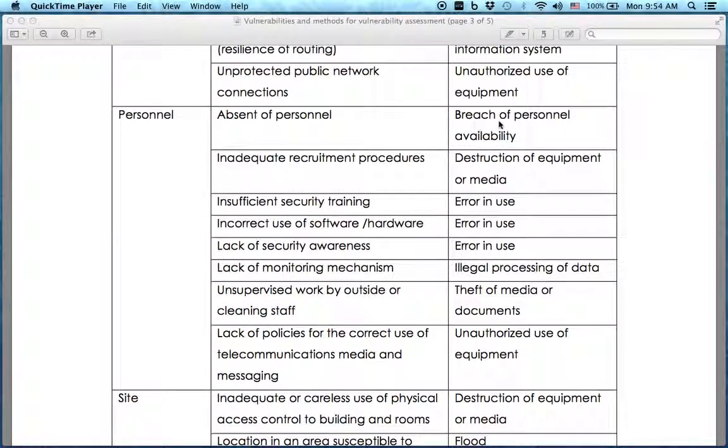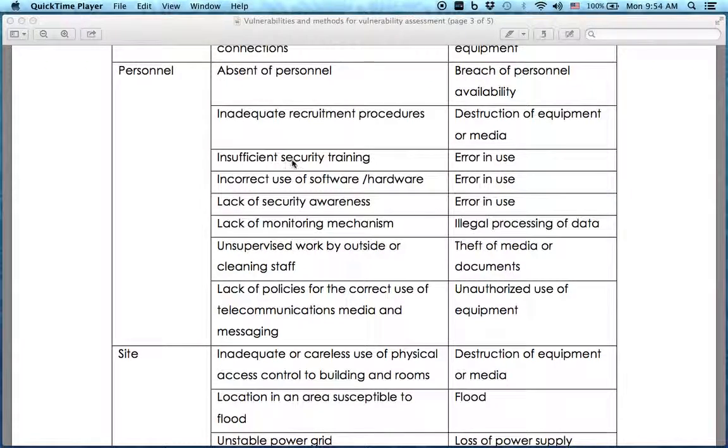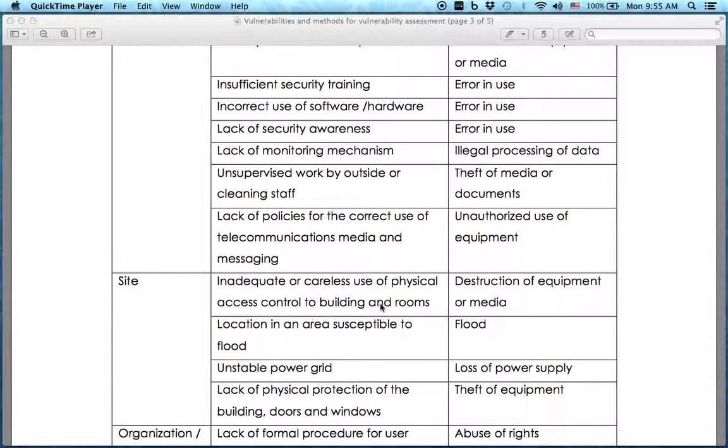The threat is a break of personnel availability, so a successor plan needs to be in place and implemented effectively. Insufficient security training: if the training is not sufficient, the threat is error in use. Lack of monitoring mechanism: the threat is illegal processing of data. It's just for example only.